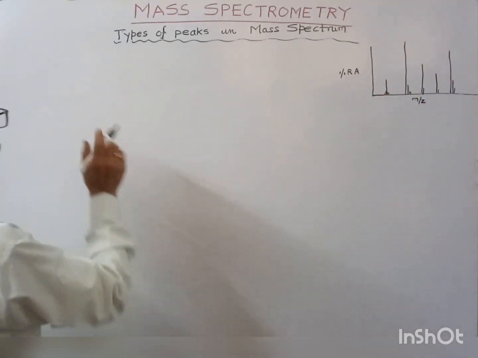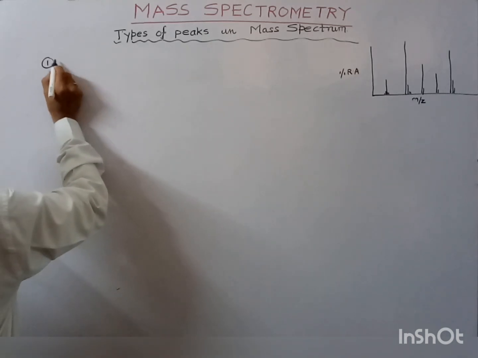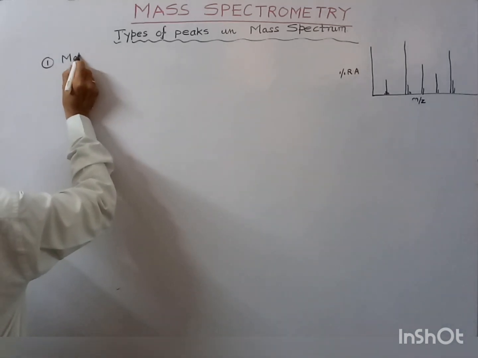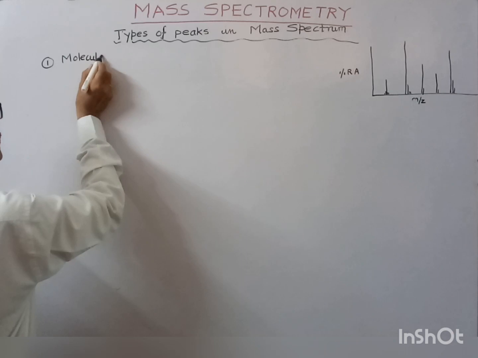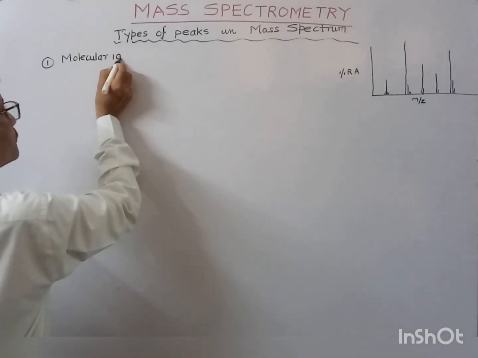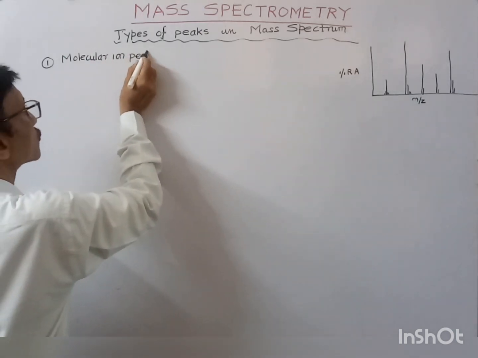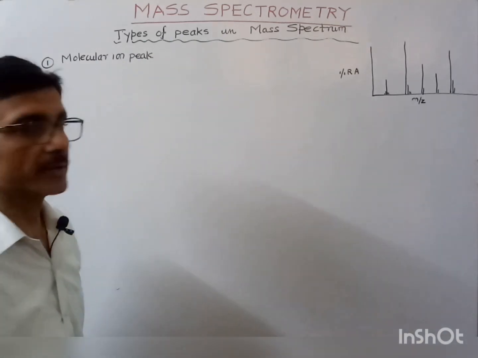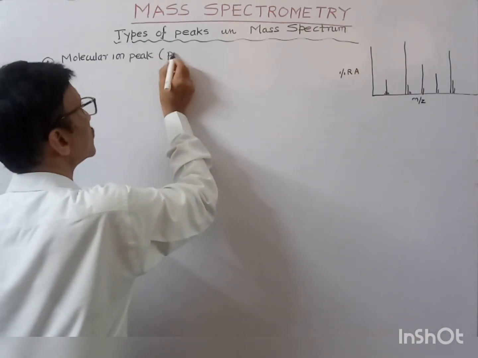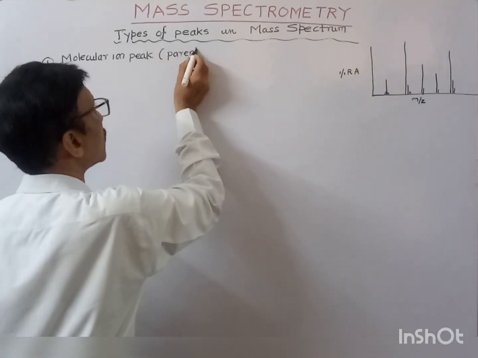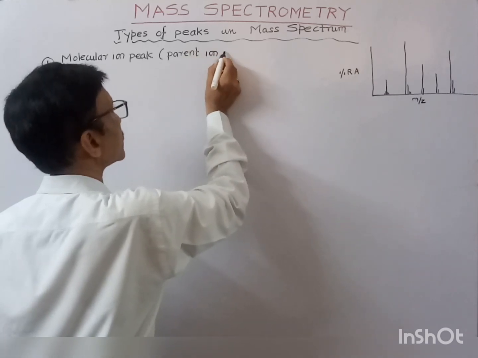Suppose one of the important peaks is the molecular ion peak, which is also called the parent ion peak. So, molecular ion peak or parent ion peak.